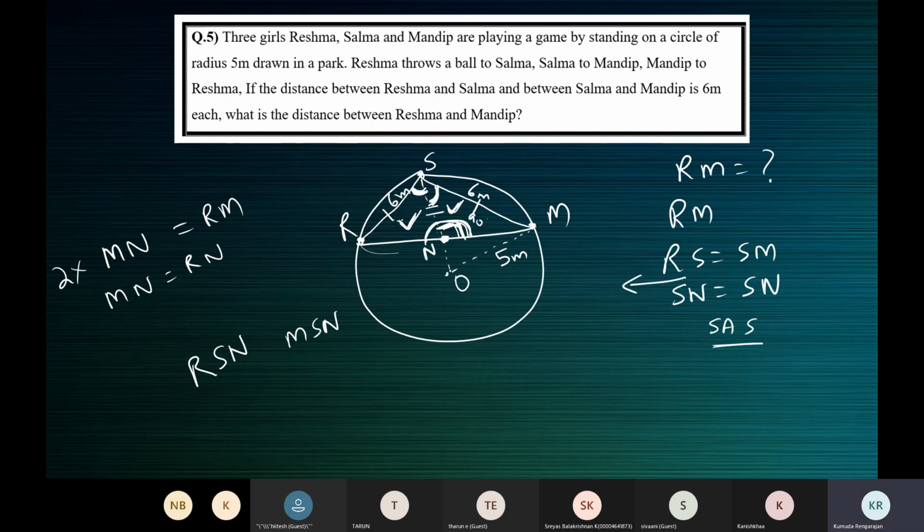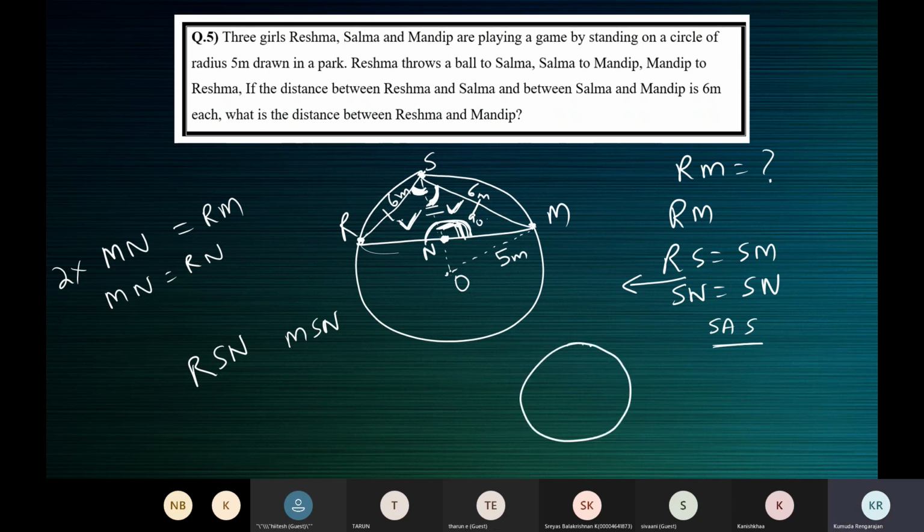Now, when you look at these two angles, they are made by the equal chords RS and MS with the line passing through their point of intersection and also joining the center. We have seen a result like this.